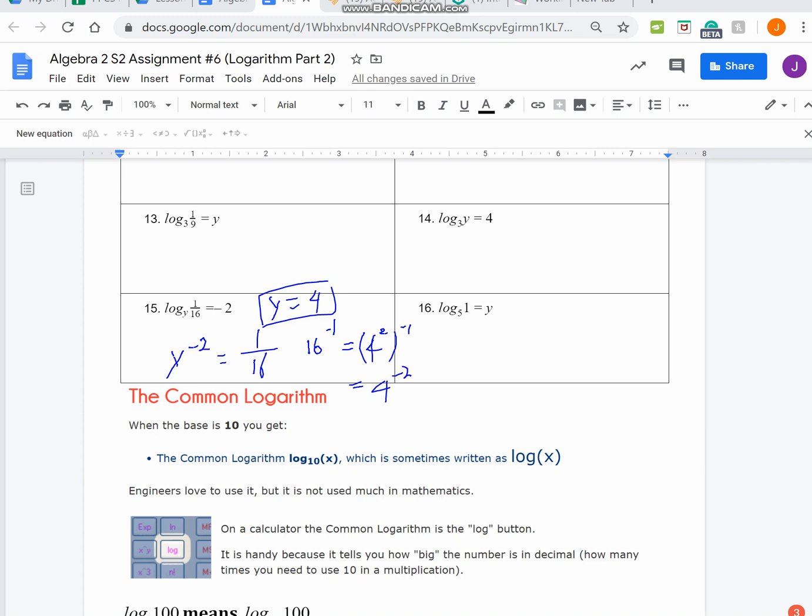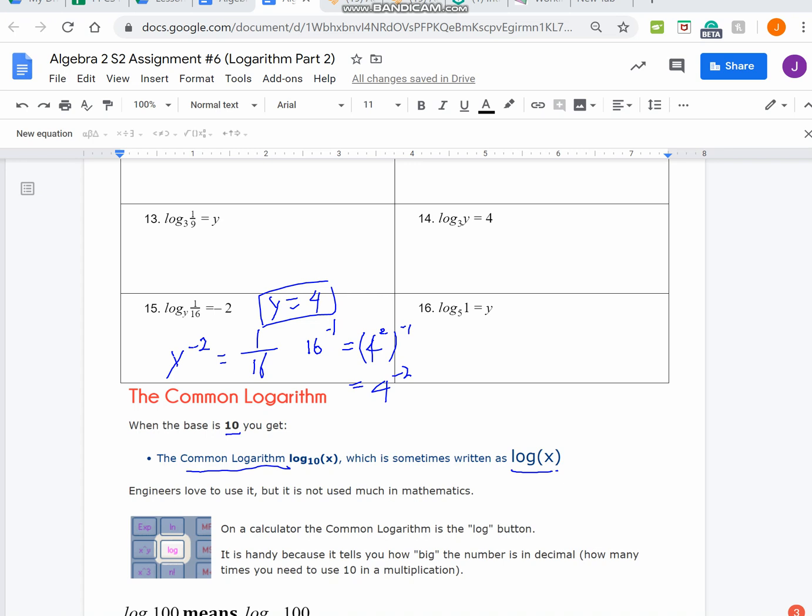One last thing that I really want to talk about real quick is that when the base is 10, we call that a common logarithm. And since it's used so often, we just write it as log x, not log base 10 of x.